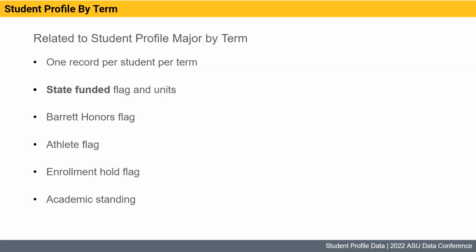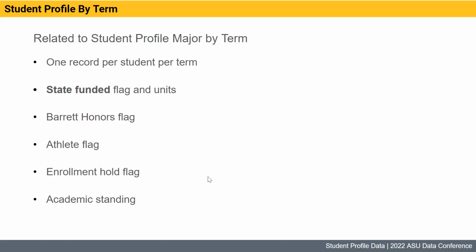So the state funded flag is important. Just know that if you use it, you'll lose some students. So if you work with students in a program, I'm gonna call them special, but they're usually contracted programs like Shanghai and Hainan and things like that. They're not state funded. We don't include them in state reported numbers or federal reported numbers.